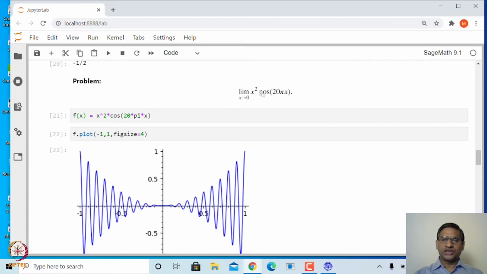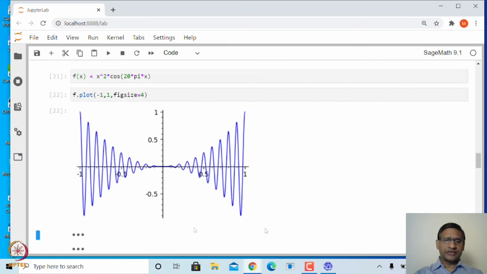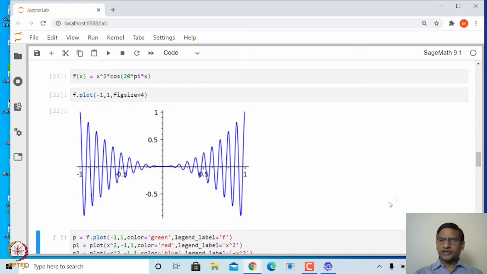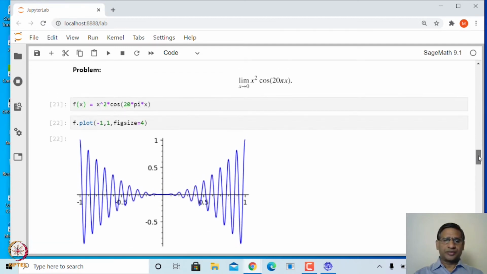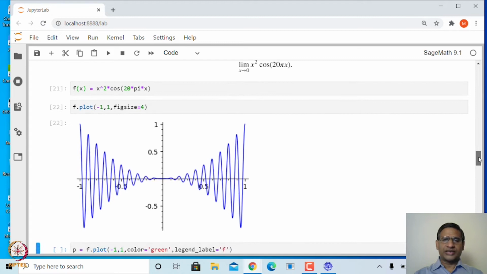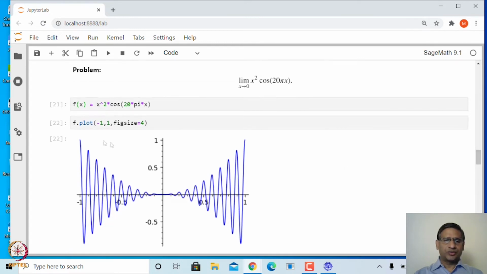So, this function x square into cos 2 pi x will always lie between minus x square and plus x square, and that is what you can see from the graph. But let us plot the graph of y equal to x square and y equal to minus x square, add it to the graph of this, and then see what happens.